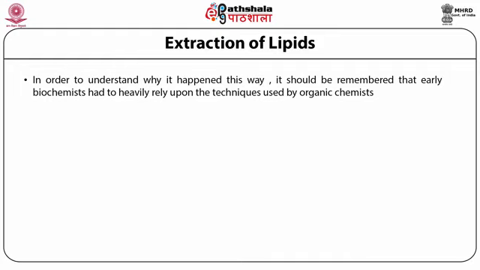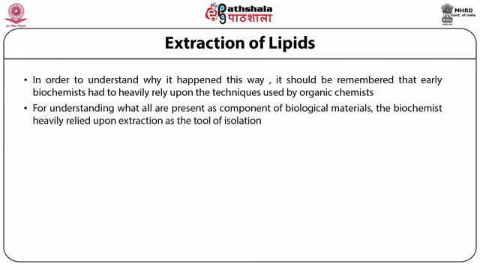In order to understand why it happened this way, it should be remembered that the early biochemists had to heavily rely upon the techniques used by organic chemists. For understanding what all are present as components of the biological materials, the biochemists heavily relied upon extraction as the tool of isolation in those early days.